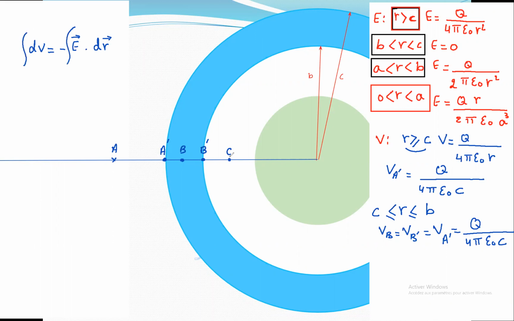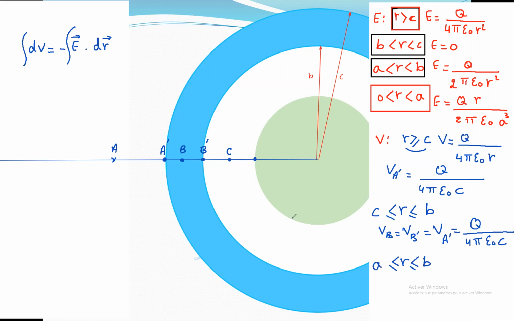You know, we have C. I take C and B prime. Okay, we can put another point here. I study R between C and B. No, excuse me. R is, I take R between A and B.